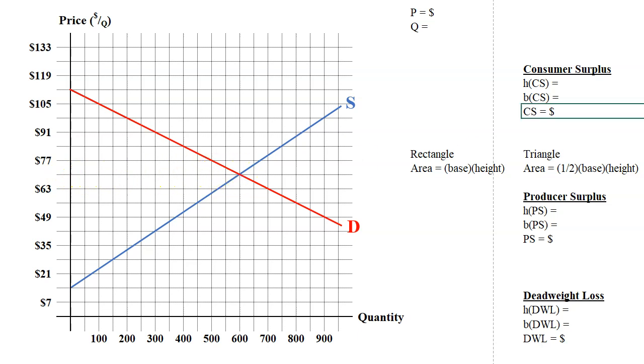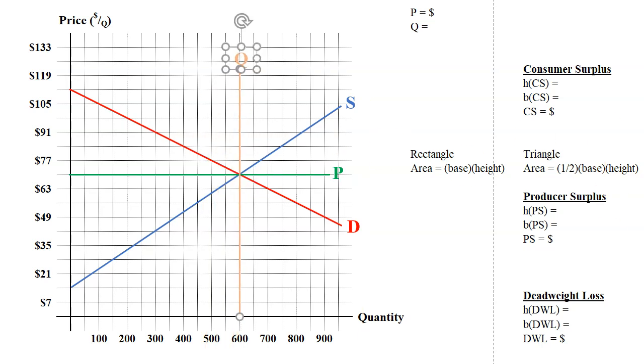Okay, so I'm going to bring a price line over, and I'm going to put that in right here at 70. And you also know that the quantity produced will be the equilibrium quantity, which is down here, which is 600. So I'm going to bring a quantity line over, and I'm going to put it right there at 600.